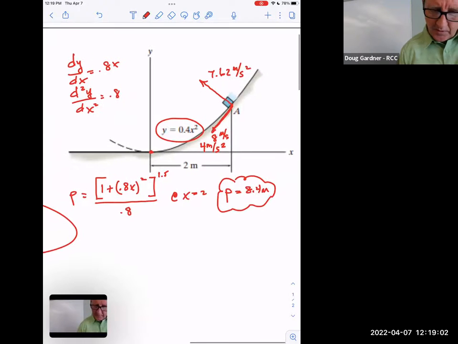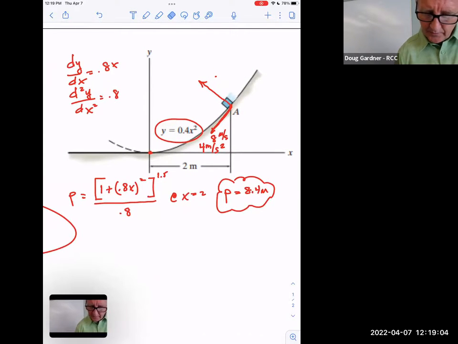Incidentally, notice how much longer this vector should be than that vector. It's almost twice as long, so I didn't really draw that accurately.